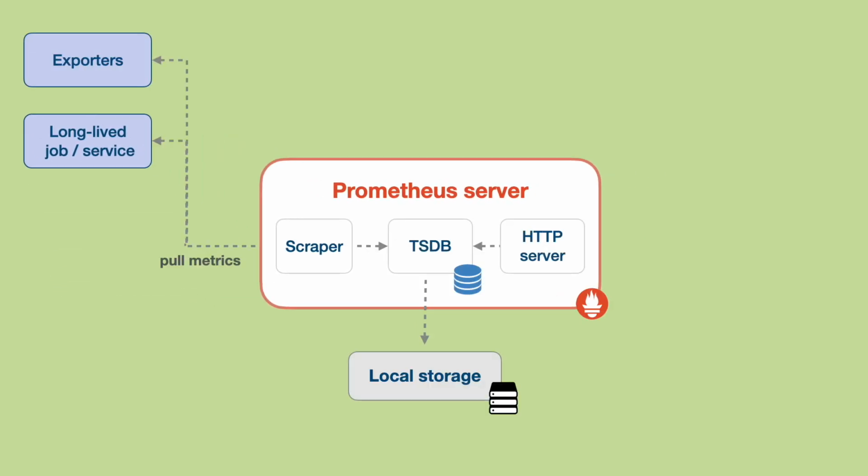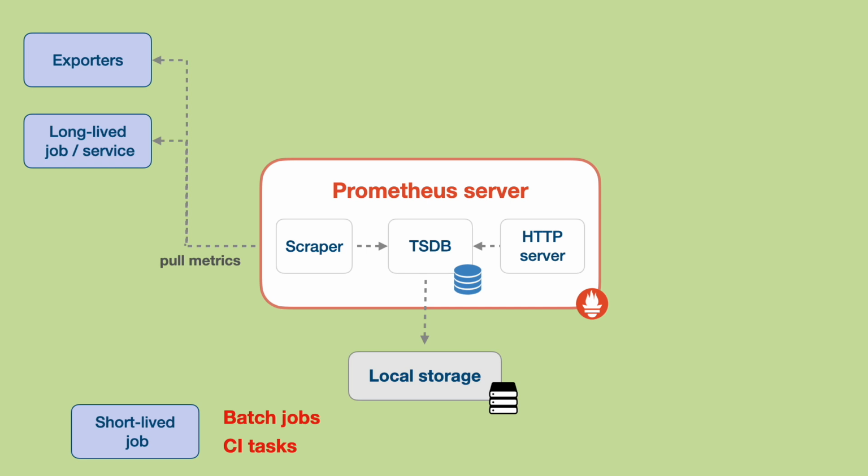Going back to the architecture view. In the Prometheus, the push model is generally discouraged. Prometheus is designed around the pull model, where the server scrapes metrics from targets. However, there is one important exception: short-lived jobs. Batch jobs or CI tasks may run only for a few seconds, so Prometheus might not have time to scrape their metrics.